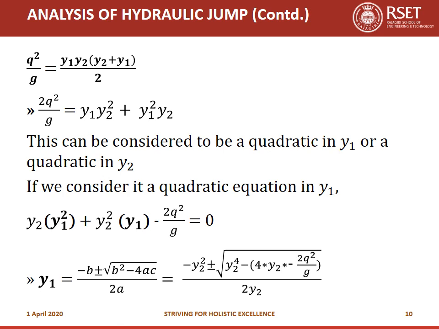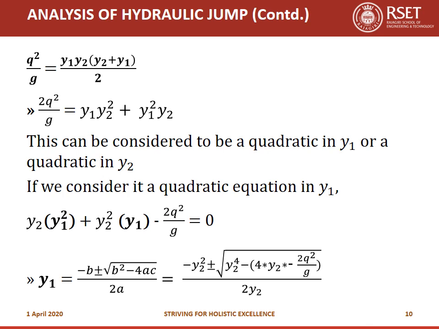So the root of the equation will be y1, because it's the variable: y1 is equal to minus b plus or minus root of b squared minus 4ac by 2a. B is the coefficient of y1, which is y2 squared, A is the coefficient of y1 squared, which is y2, and C is the constant term standing on its own, which is minus 2Q squared by g.